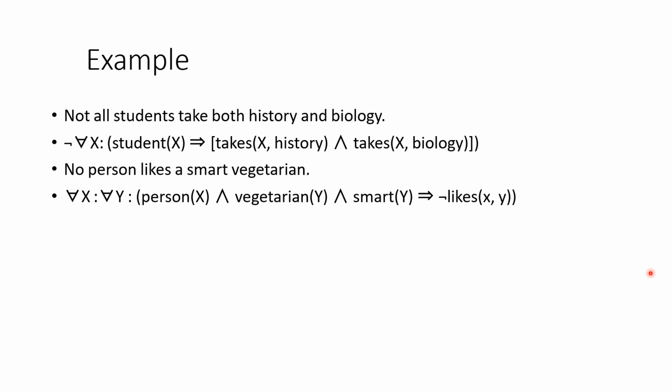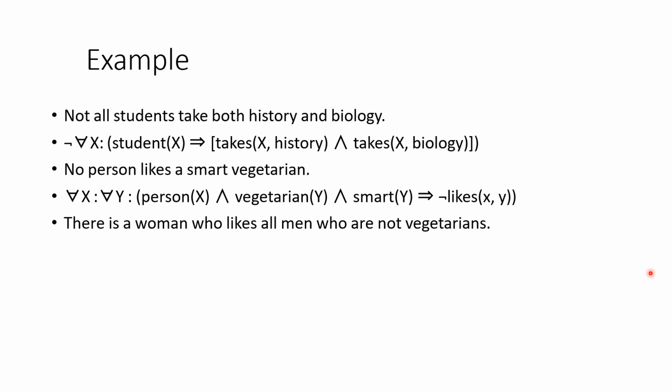So for all X and Y, if Y is a vegetarian and Y is smart, it implies not likes X comma Y. That means X is a person and Y is a vegetarian and Y is smart, which implies that this X doesn't like Y. So not likes X comma Y.